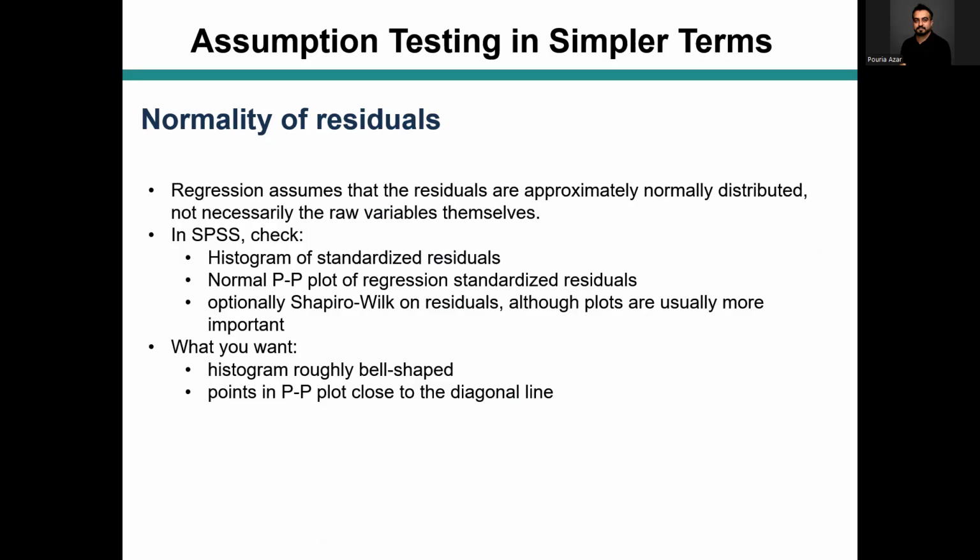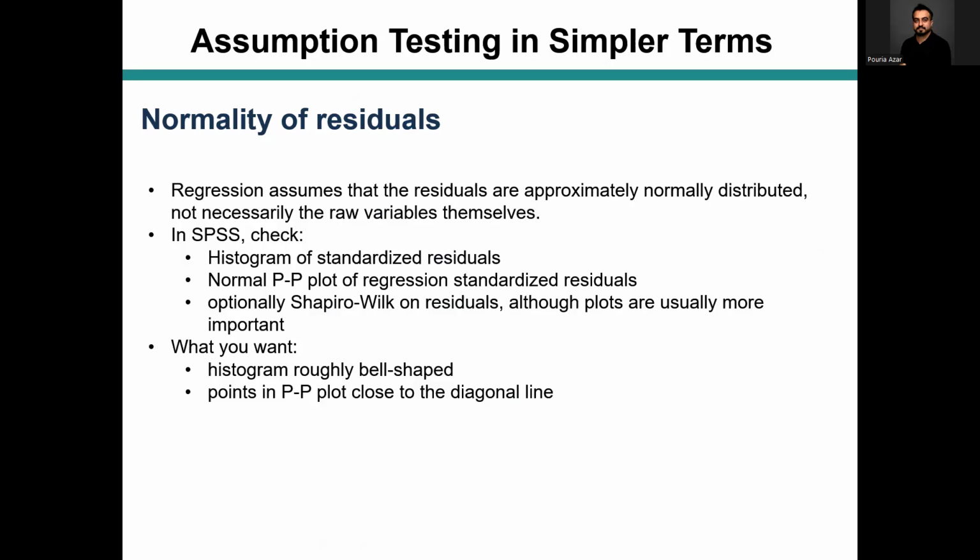For normality of residuals, we can use a histogram of standardized residuals, a PP plot, a QQ plot, or a Shapiro-Wilk test on residuals. But most of the time we will use a histogram and PP plot.